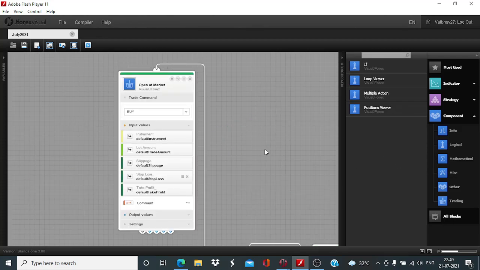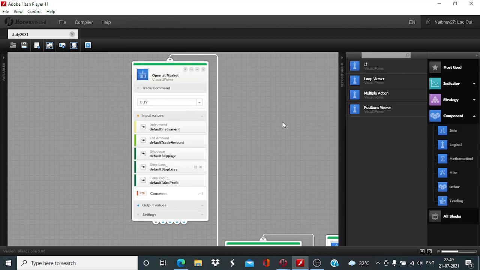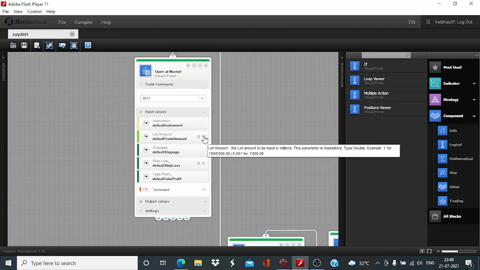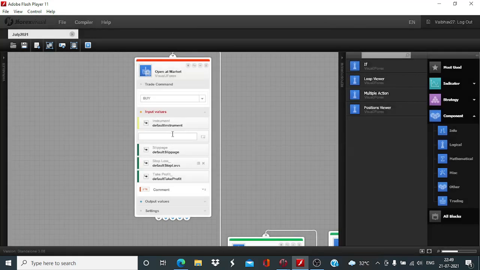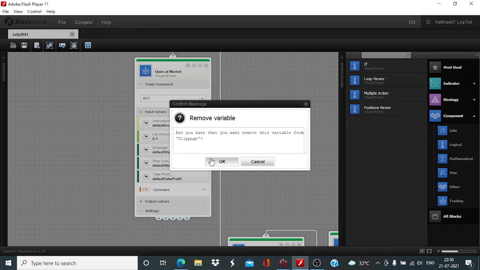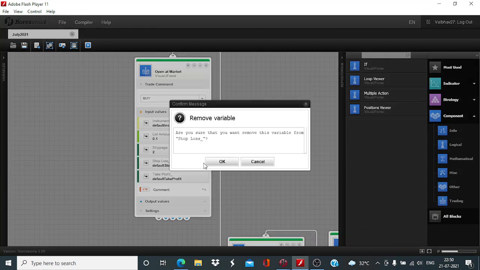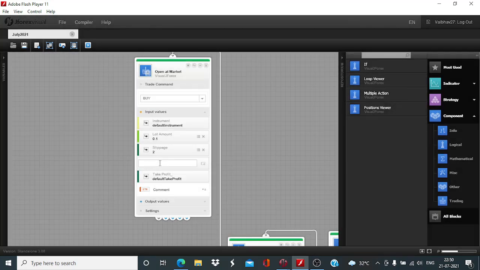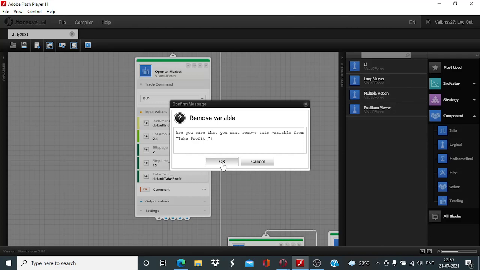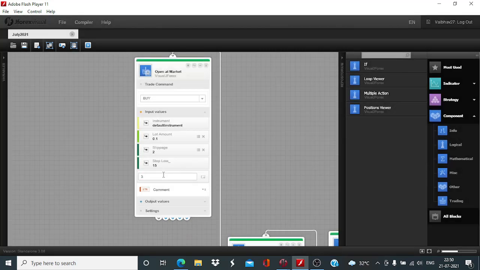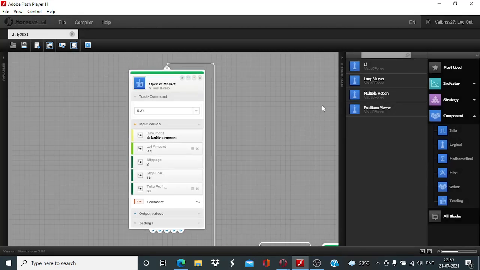Coming to the variables which need to be defined, we will keep the default instrument as it is. Trade amount will be changed to 0.1 million. Slippage is going to be 2 pips. Stop loss is going to be 15 pips, and take profit 30 pips. So we are getting the risk reward ratio of 1:2.